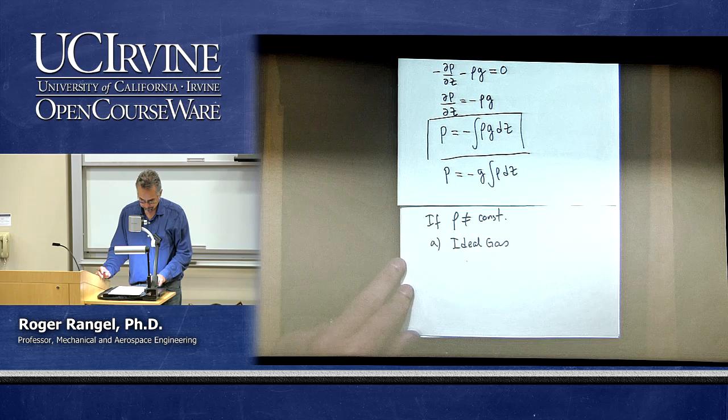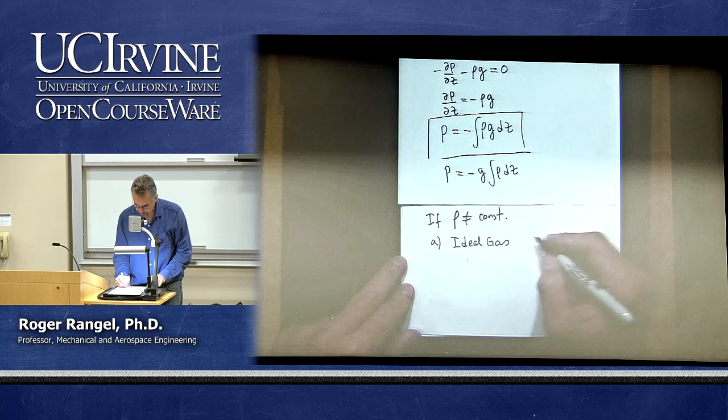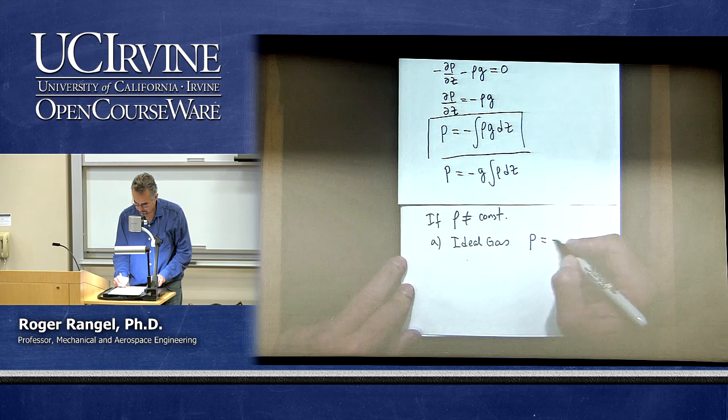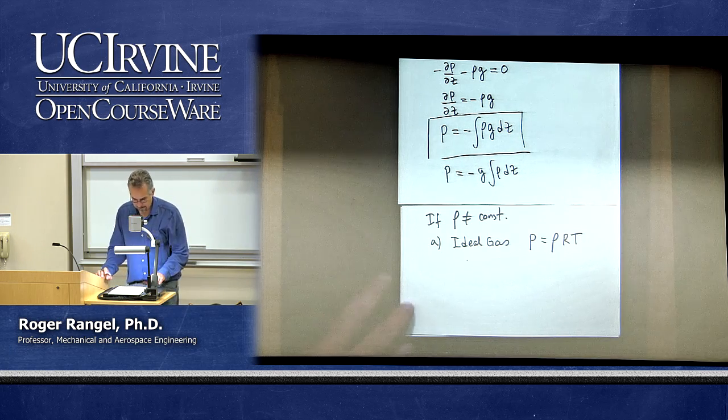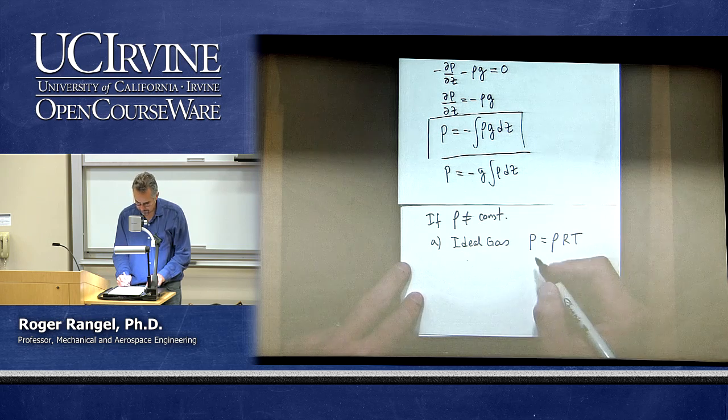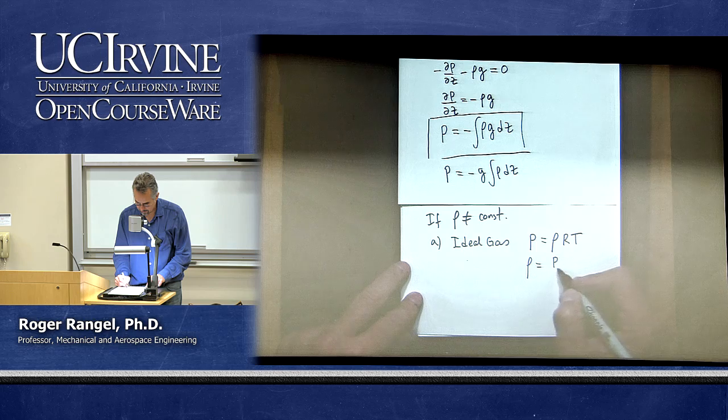And then if we do that, we know that for an ideal gas, P is equal to rho RT, the ideal gas law. So if I do that, then I know that the density is P over RT.